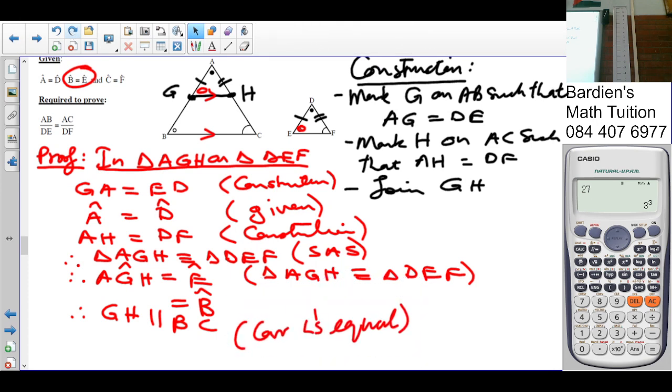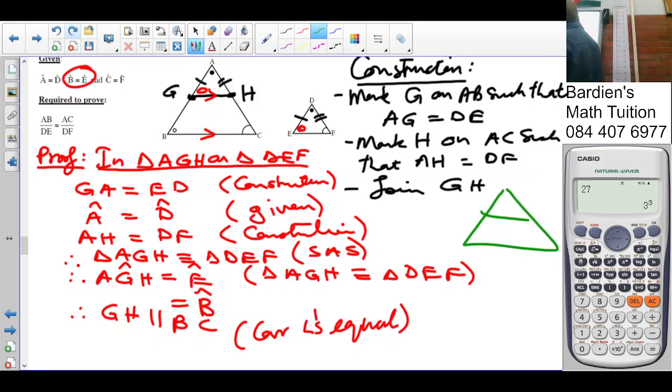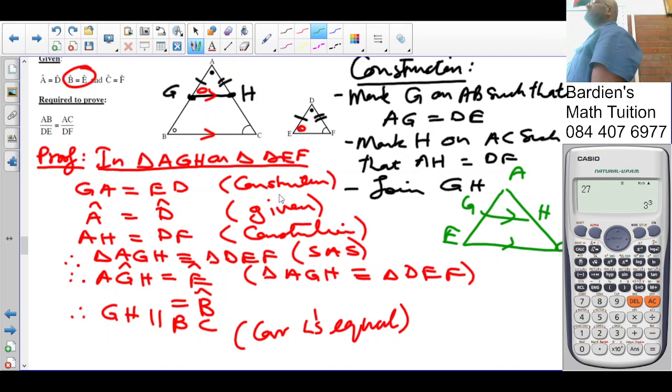Now how is that going to help us? Coming from the previous theorem, if those lines are parallel, what could we have said?